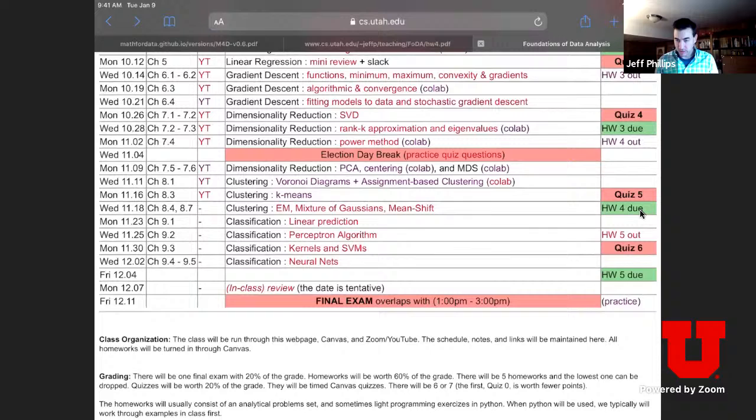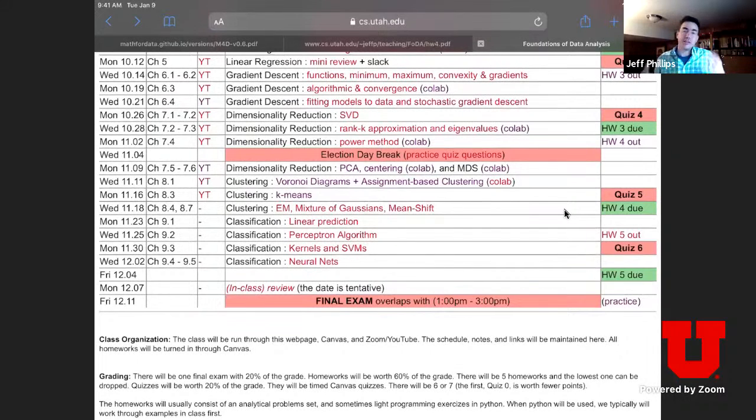So number one, quiz 5 was on Monday. I think the scores were a little bit lower than I hoped, but we haven't finalized all the point totals on this yet, so we'll see. If that's the case, I'll try and make the final quiz a bit easier to even this sort of stuff out.